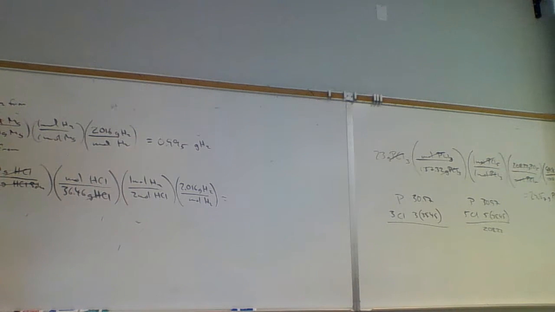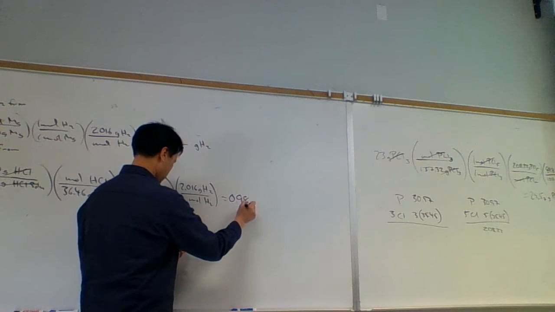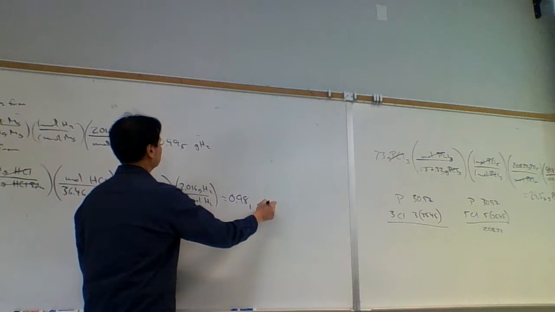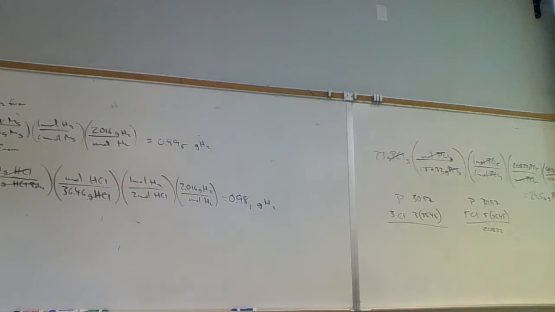So 71 times 50 divided by 100, divided by 36.46, divided by 2, times 2.016. 0.98. So 1. So what is the theoretical yield?